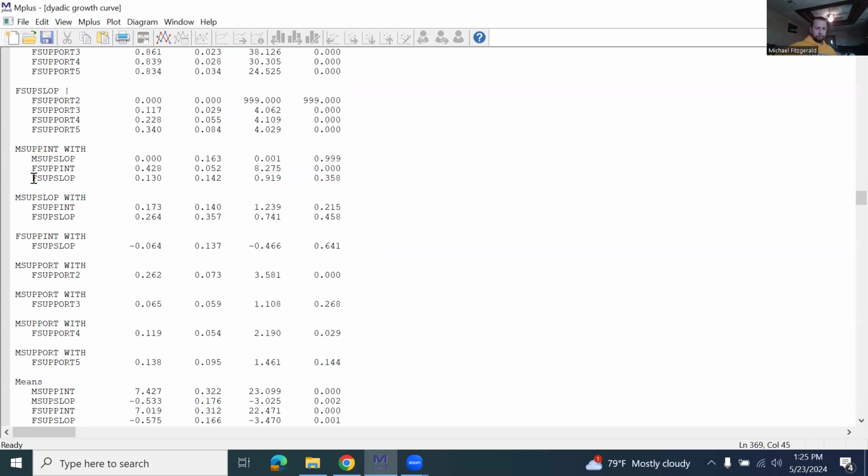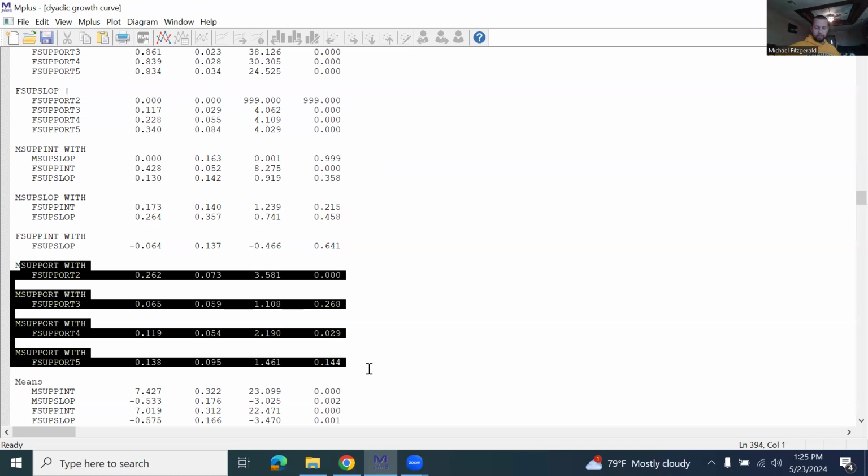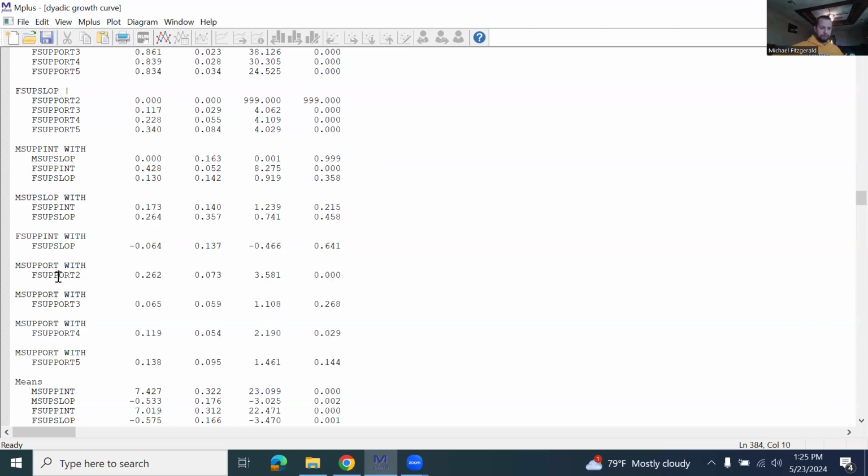It's always nice to report standardized covariances or correlations in your results, but for the most part, I report unstandardized effects. And so here is, again, the extent to which our male and female reports of support within a wave are correlated with one another. And as you can see, again, at wave 2, we have 0.62.